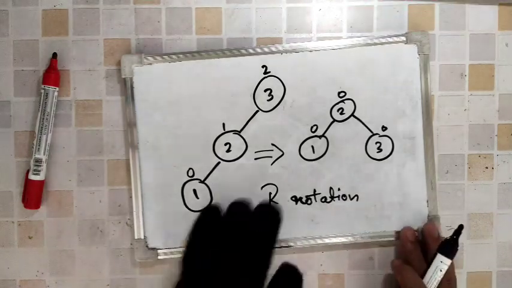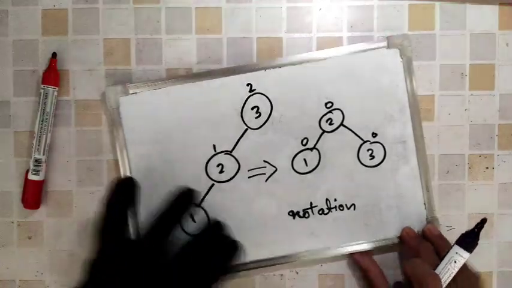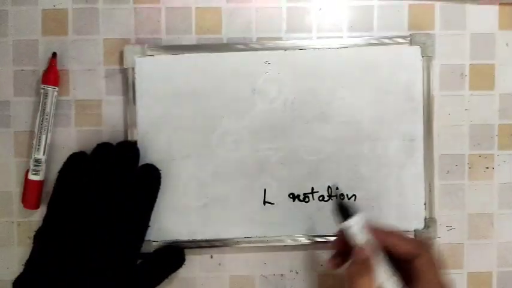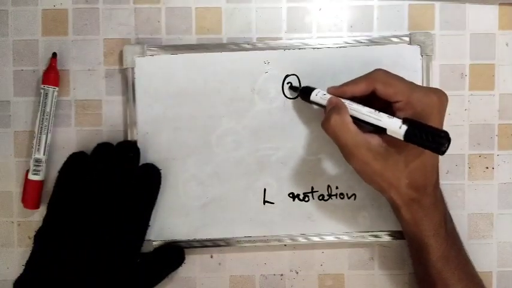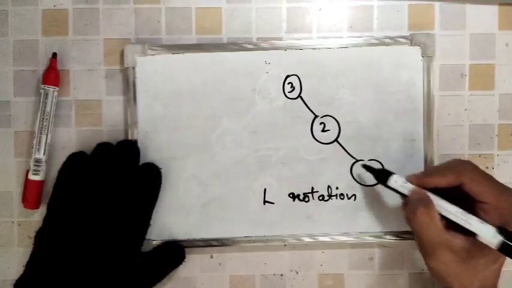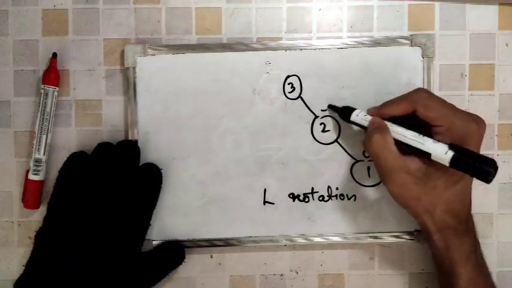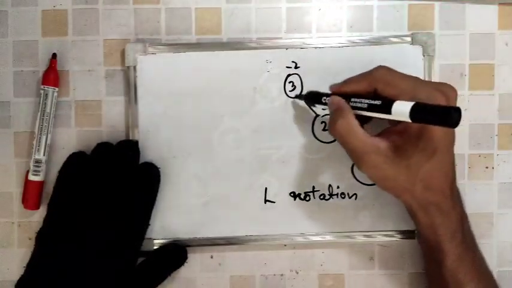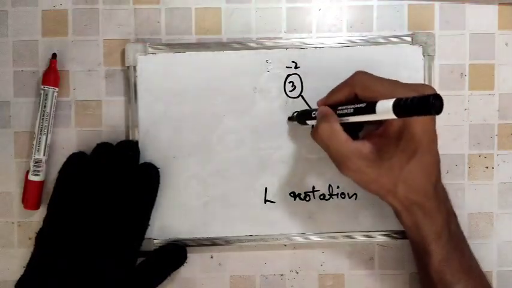Okay, so now let us see another example for left rotation. Same example you can take, 3, 2, 1, 0, minus 1, minus 2, don't forget and make a mistake in this. So left rotation, so this goes like this, right?